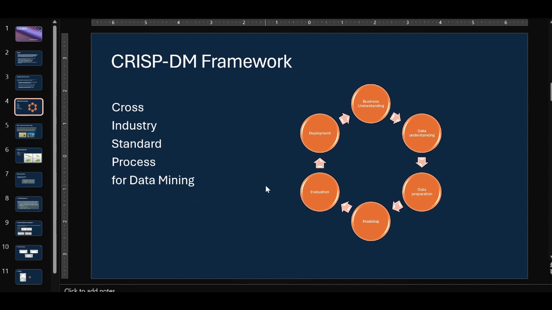Now, to get the work going, I will be using the CRISP-DM framework. Now, this has been discussed throughout our course, which is the cross-industry standard process for data mining.